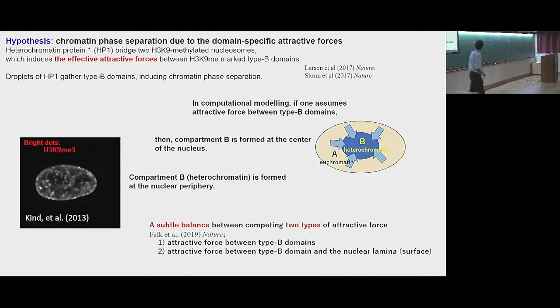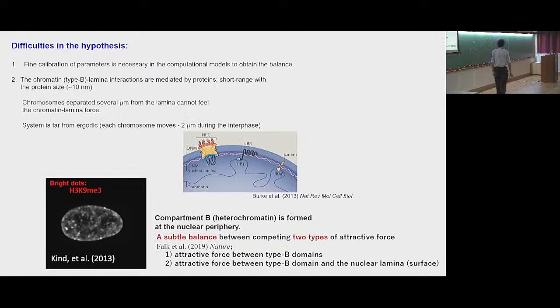But I feel that it has some difficulty. One is that if we really do that in the computational models, fine-tuning of parameters is necessary between the two competitive attractive forces. That's something strange to me. I mean, the mesoscopic structure, like genome architecture, should be robust against small perturbations.